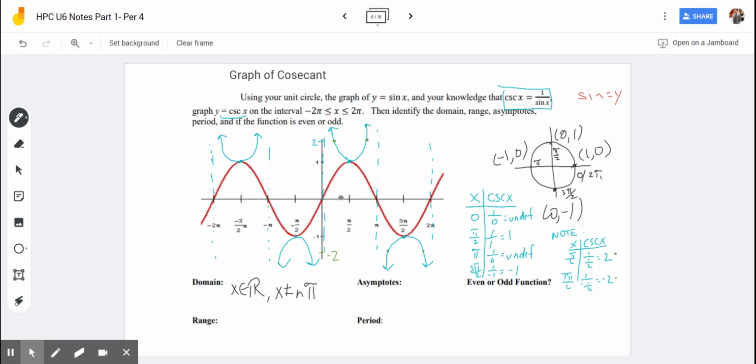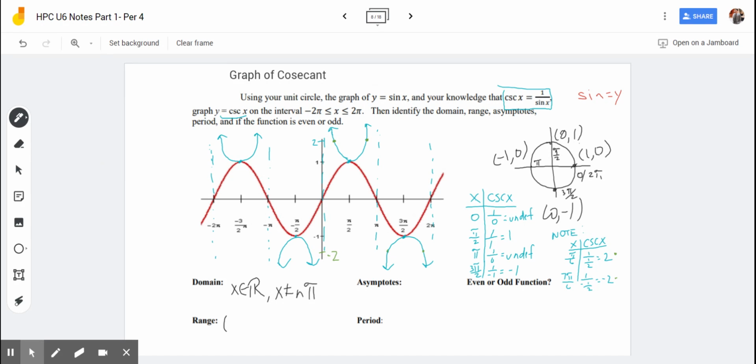And then our range. We have a break in the graph. It's really only these two parabolas in blue. If we look on each end, one goes up to infinity, but stops at 1. The other goes down to negative infinity, but the maximum point here is negative 1. We go least to greatest.